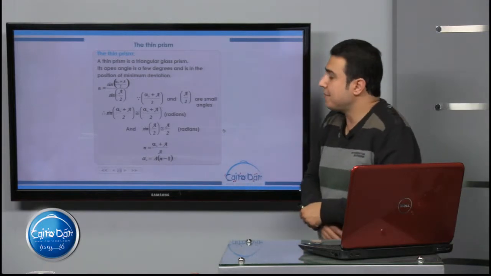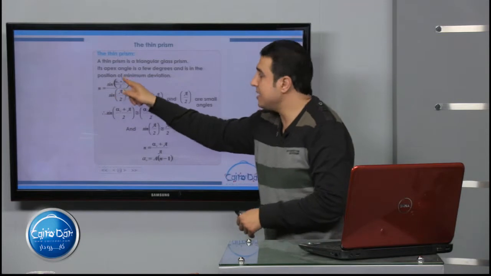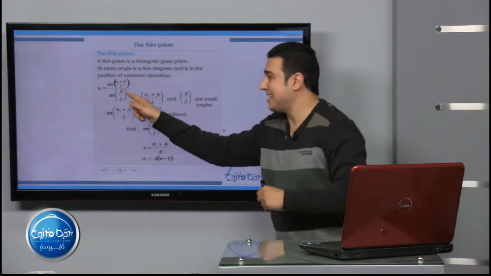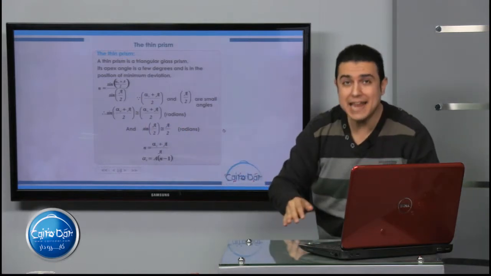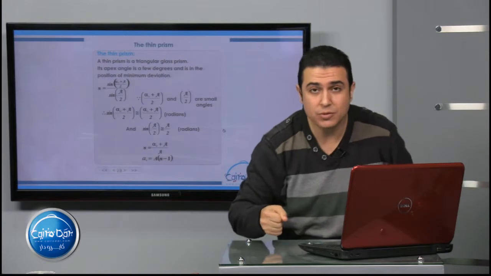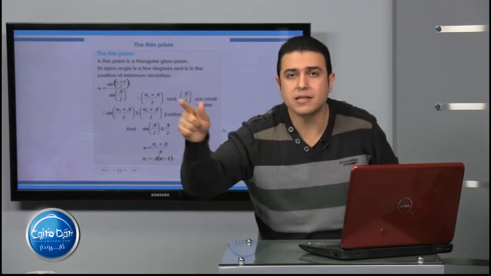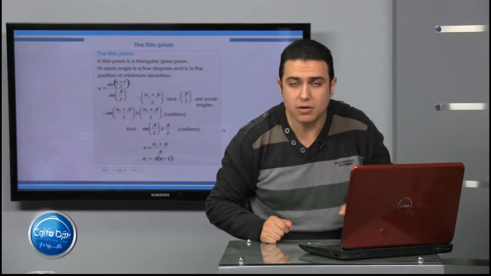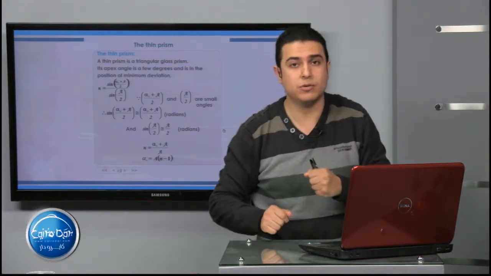For small angles, sine of an angle is approximately the angle itself. It means sine of (alpha naught plus A) over 2 equals (alpha naught plus A) over 2, and sine A over 2 equals A over 2.